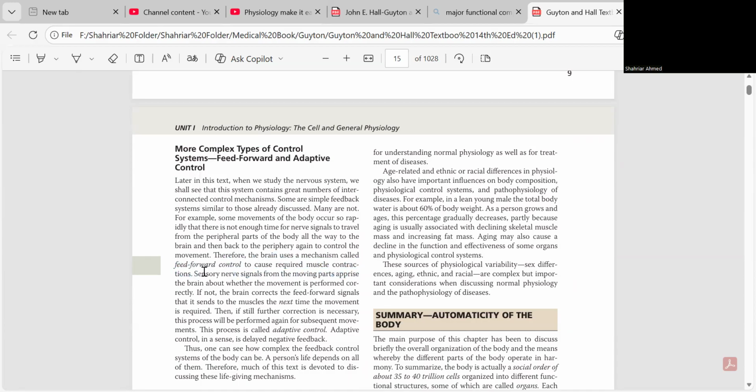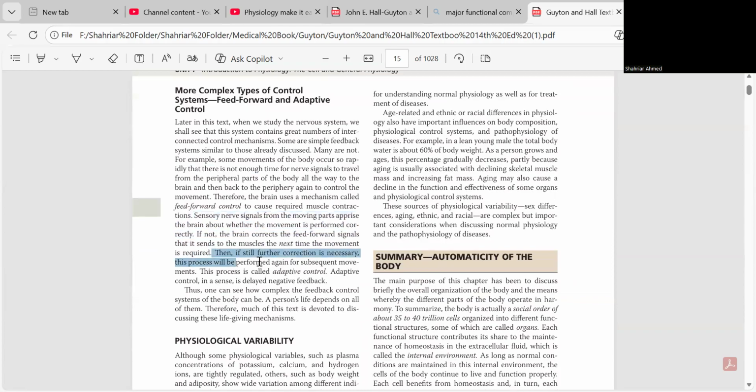How? Sensory signals from the moving parts apprise the brain about whether the movement is performed correctly. If not, the brain corrects the feed-forward signals that it sends to the muscle the next time the movement is required.